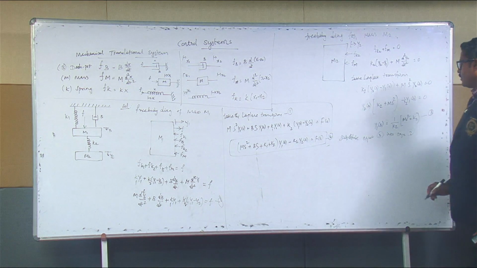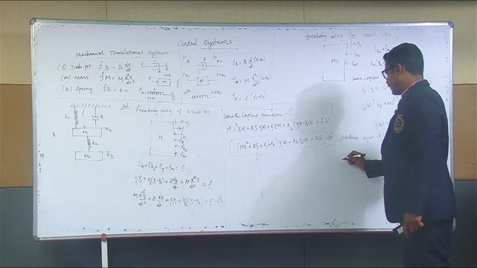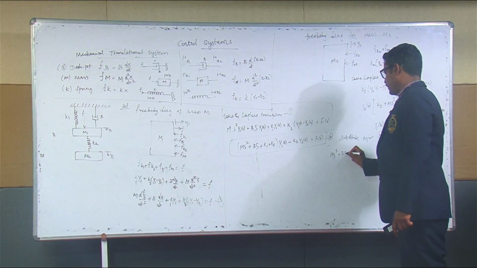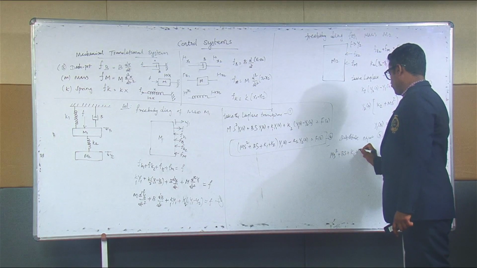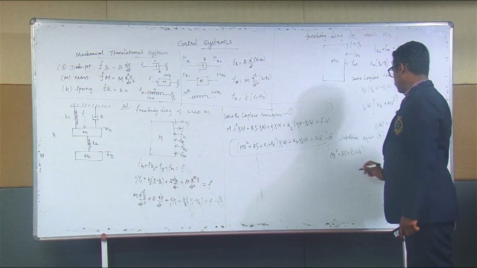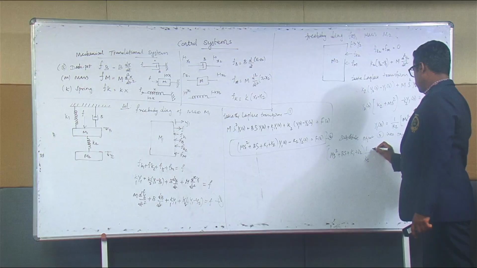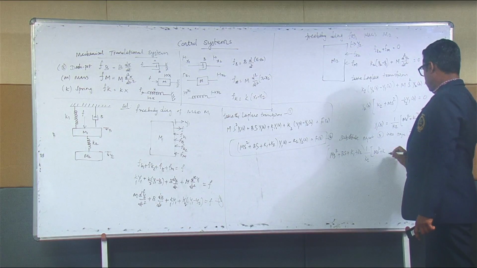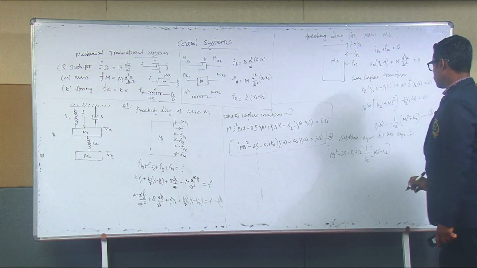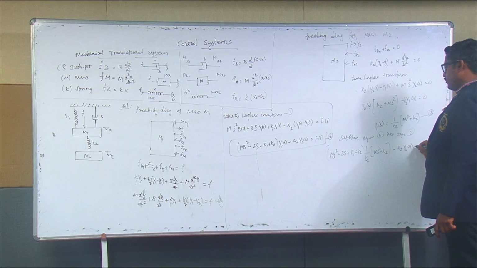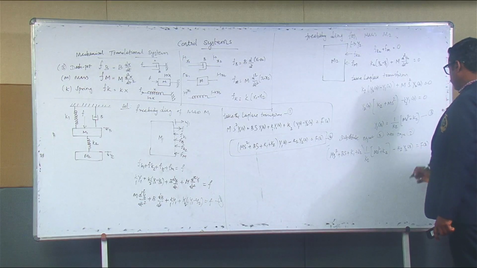If you substitute, we will get (m s square plus b s plus k1 plus k2) into y1, which is 1 divided by k2 into (m s square plus k2) y2, minus k2 into y2 of s equal to f of s.